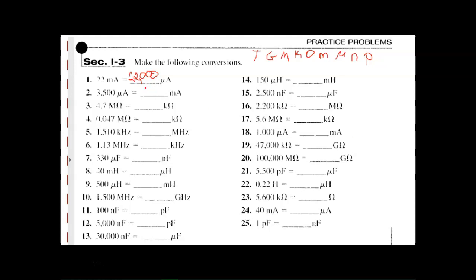I should end up with 3.5 milliamps. So I'm going to give y'all a few minutes to work the next 8. We'll go down to number 10, and then we'll go over the answers for them one by one.